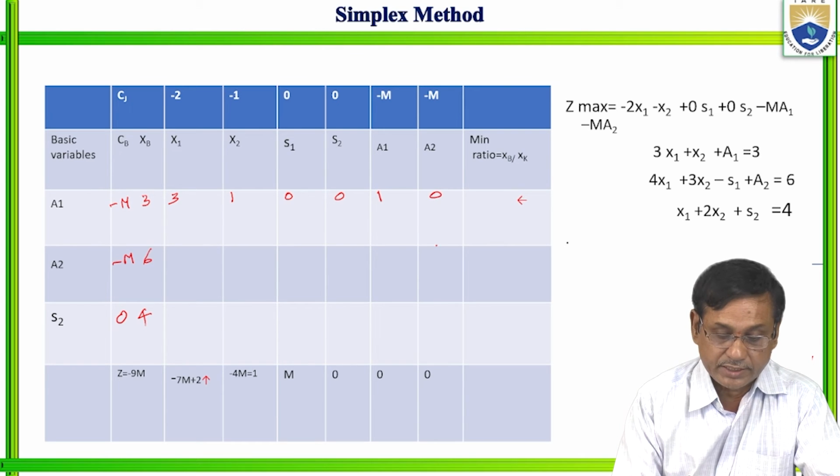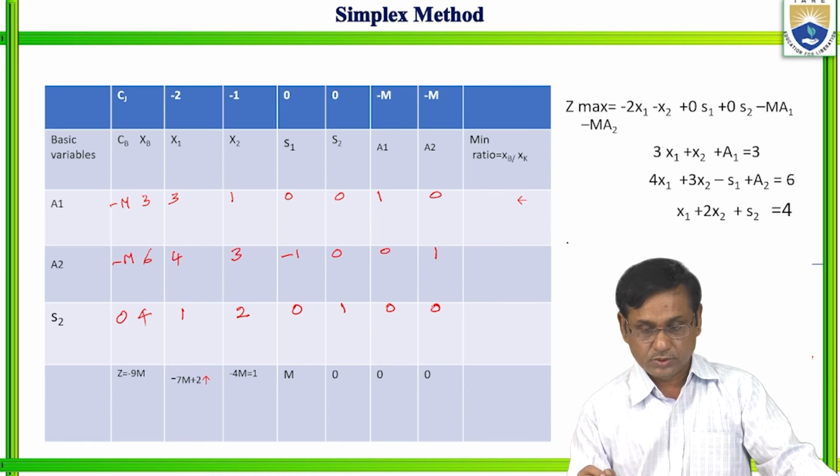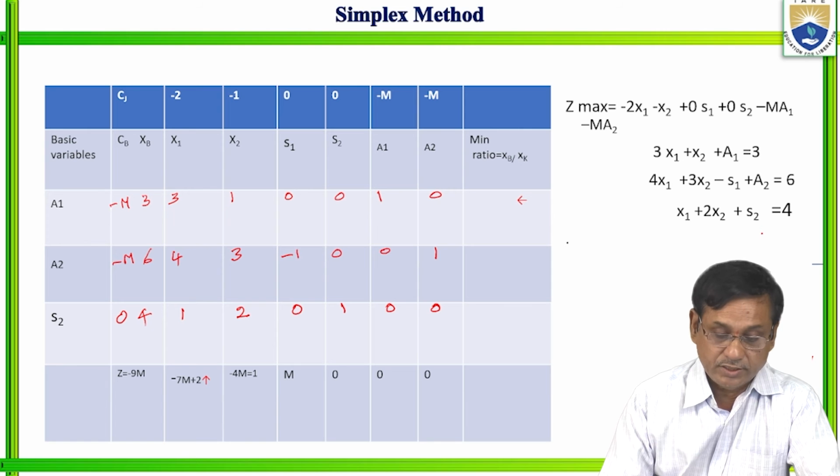Then in the second equation, x1 coefficient is 4, x2 coefficient is 3, S1 coefficient is -1, S2 coefficient is 0, A1 coefficient is 0, A2 coefficient is 1. And in the third equation, x1 coefficient is 1, x2 coefficient is 2, S1 coefficient is 0, S2 coefficient is 1, A1 coefficient is 0, A2 coefficient is 0. So these are the values we obtained in the starting simplex table.